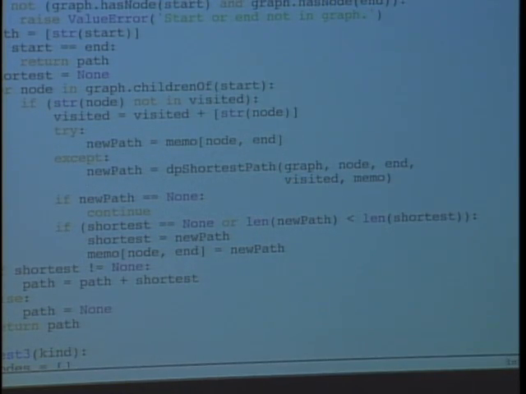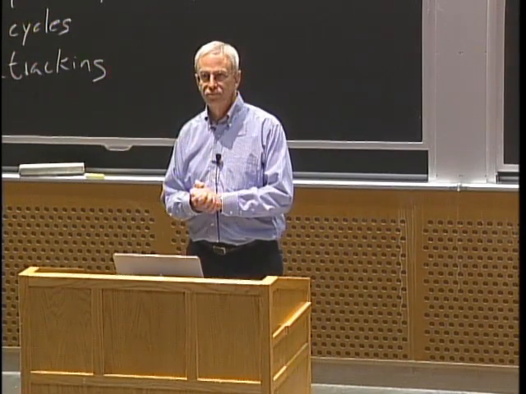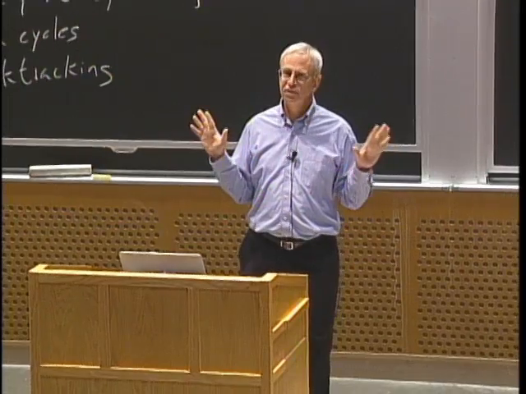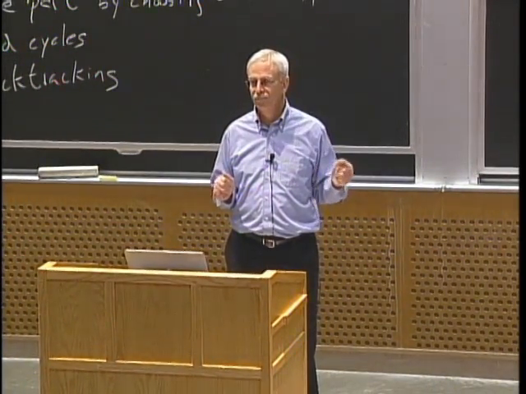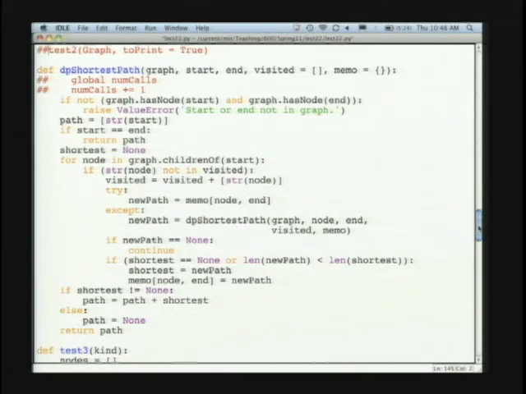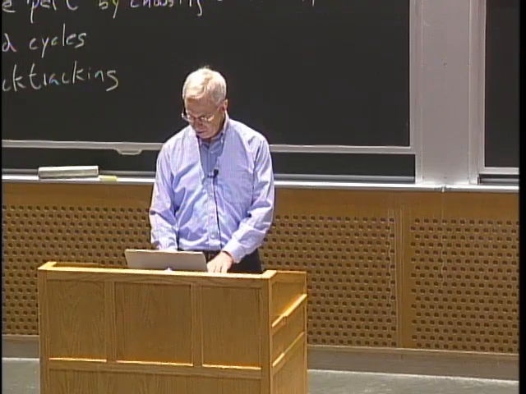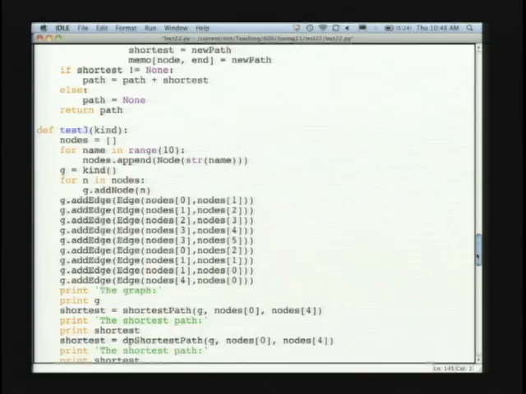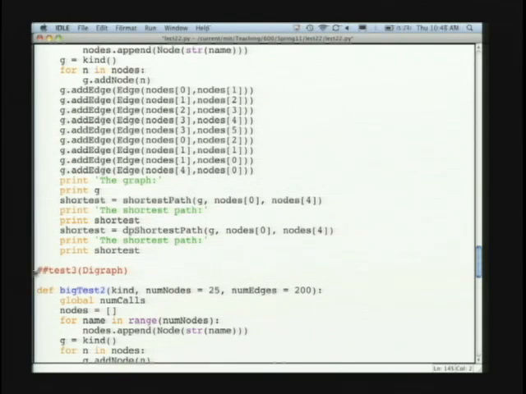So it's very simple. So I should ask the question, does anyone need me to explain this again, or does it make sense what we're doing here with the memo? Okay, I'm assuming it makes sense. Let's test it. And we'll first do a very simple test. We're just going to use the same little graph we used before.